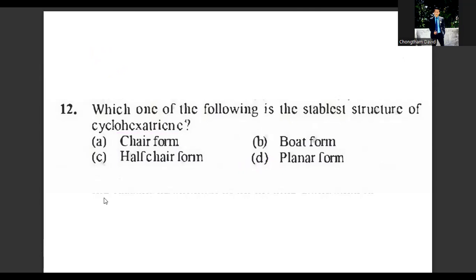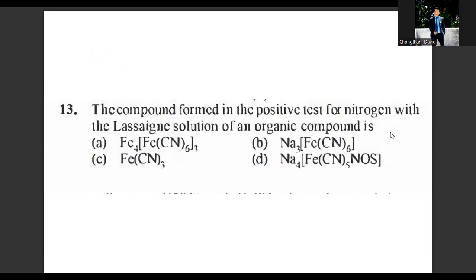Let us see question number 13. The compound that is formed in the positive test for nitrogen with the Lassaigne extract solution of an organic compound is. This is a theory question, very simple. You should know how to make this Lassaigne extract. See, it gives Prussian blue. A very nice color is formed. The formula of that Prussian blue will be a coordination compound.